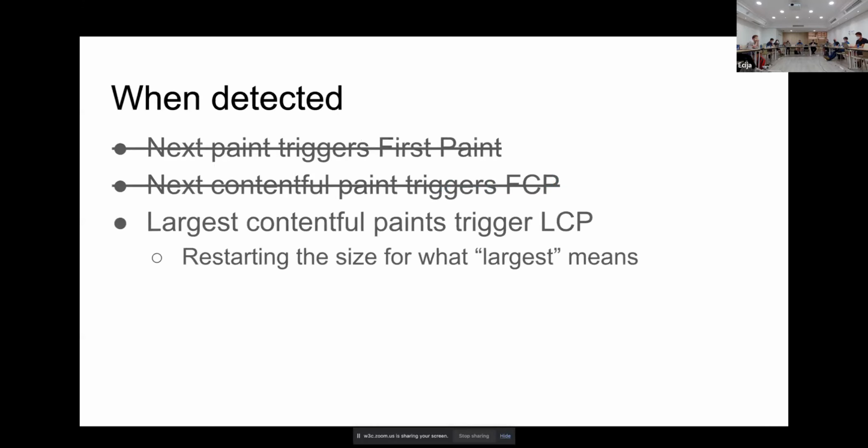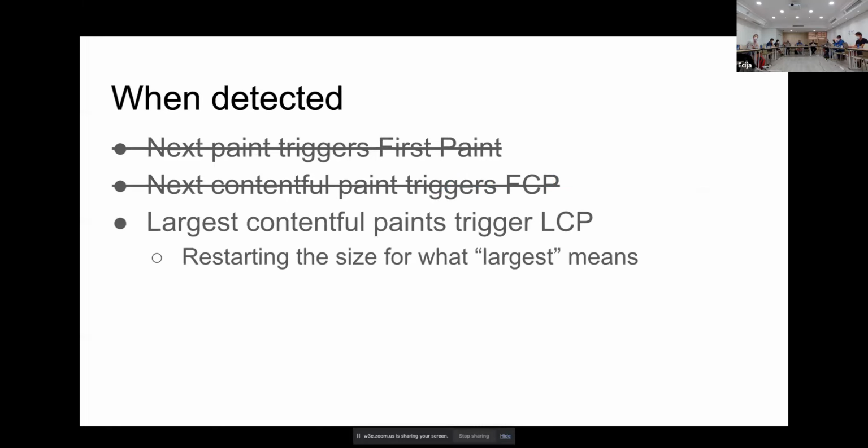When those things are detected, we fire LCP and effectively restart the size of what it means to be largest. So when a soft navigation is detected, we restart from 0, and then future paints re-trigger LCP entries, bumping up in size as they go.